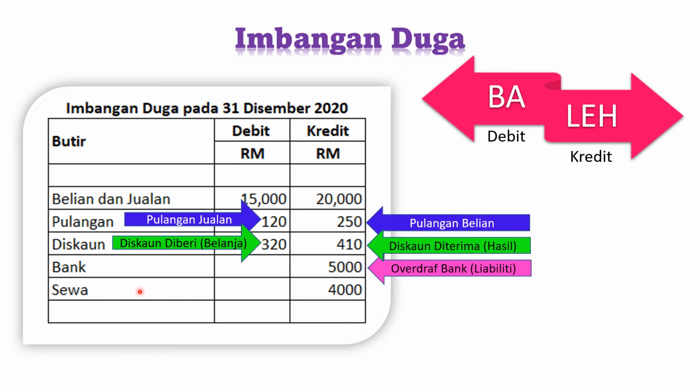And this line is actually for sewa diterima. And that's why the amount's on the credit side. Sometimes the question won't mention that it's sewa diterima. They'll just say sewa, but when they put the amount on the credit side, you should automatically know that dia adalah sejenis hasil. Okay, so this is sewa diterima, sejenis hasil.